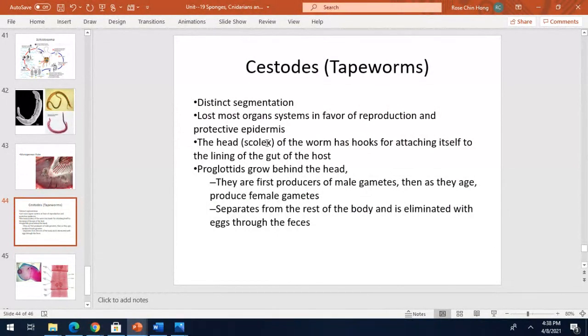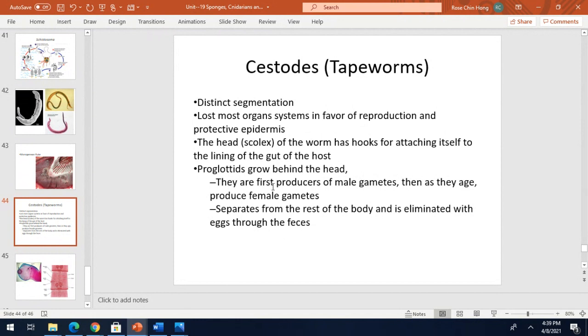Now, the head, the scolex of the tapeworm, has hooks on it. That attaches to the lining of the gut of the host, like for example the human, or cows. They have tapeworms too. And then they have these sections called proglottids because they're segmented, that grow behind the head.